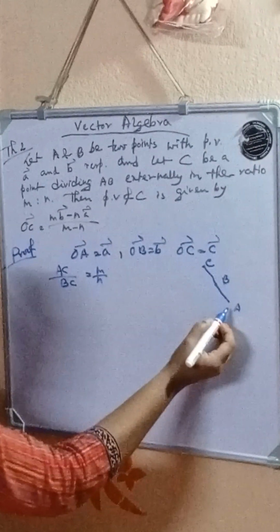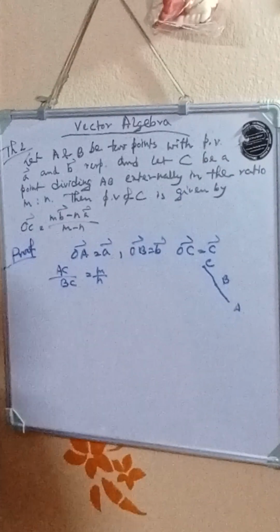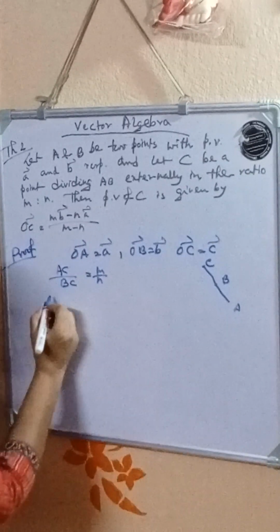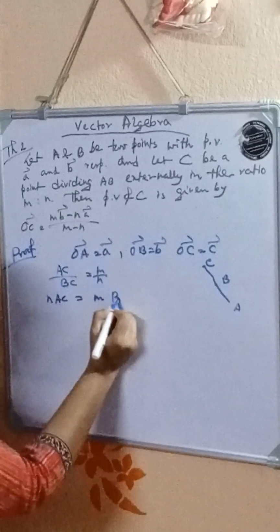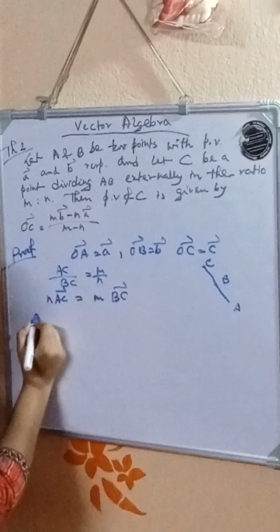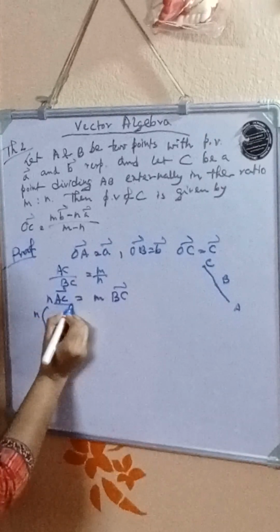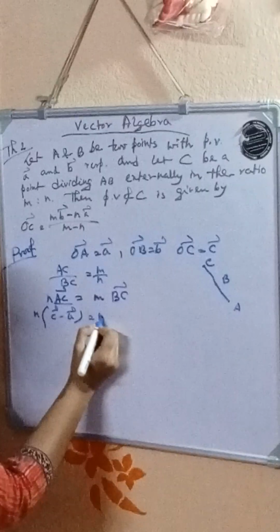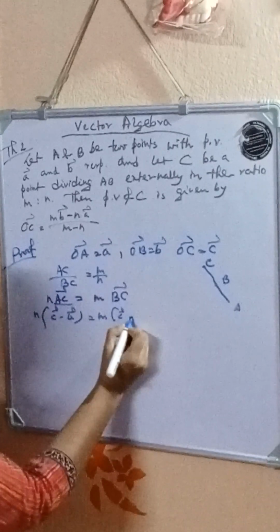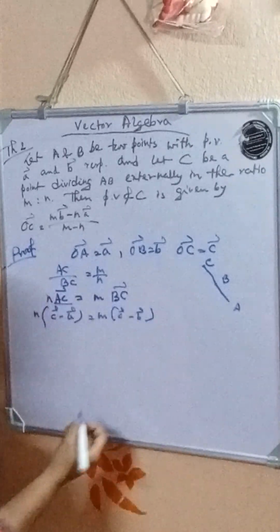Therefore, AC by BC equals m by n. Now, n AC equals m BC. So n times (position vector of C minus position vector of A) equals m times (position vector of C minus position vector of B).